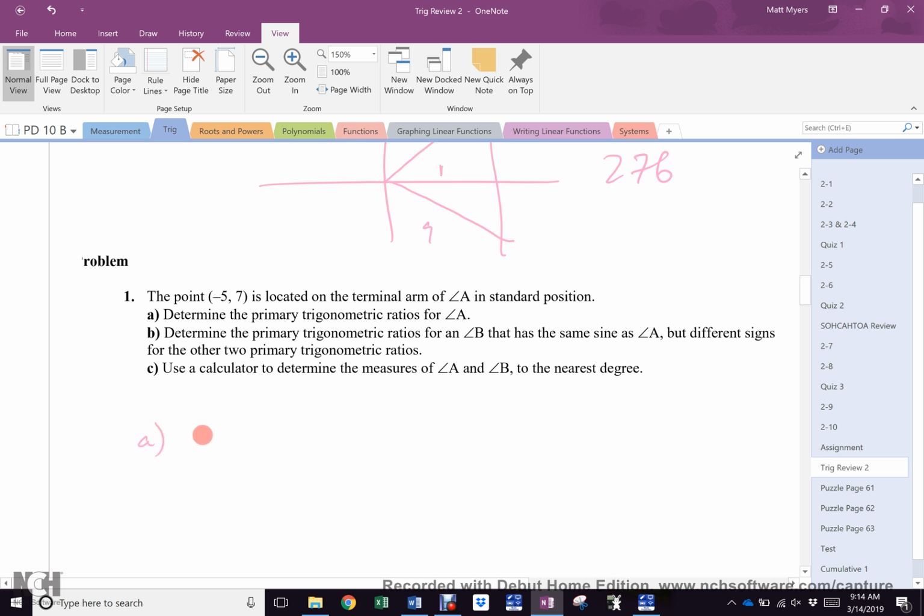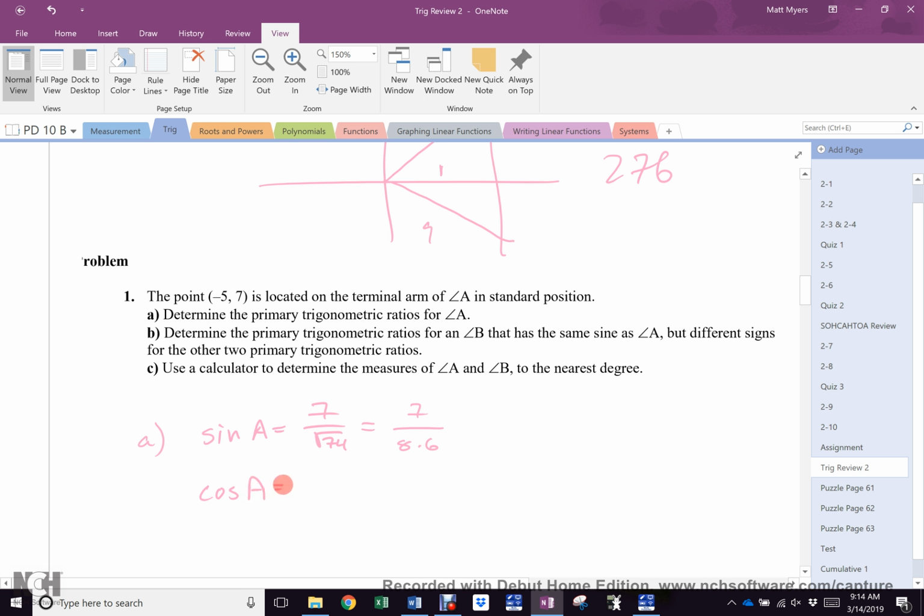A is... sine A is 7 over root 74. I always want the exact, but some of you didn't pay attention in your notes and told me it was 8.6.